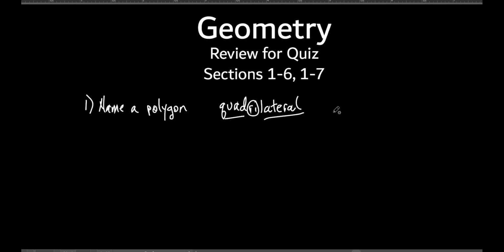All right, so let's keep going. Quadrilateral was 4. What about 5? Pentagon. 6, hexagon. 7, hepta, H-E-P-T-A, heptagon. 8, octagon. 9 is nonagon, N-O-N-A, and then gon, G-O-N. It's in the notes, section 1.6.